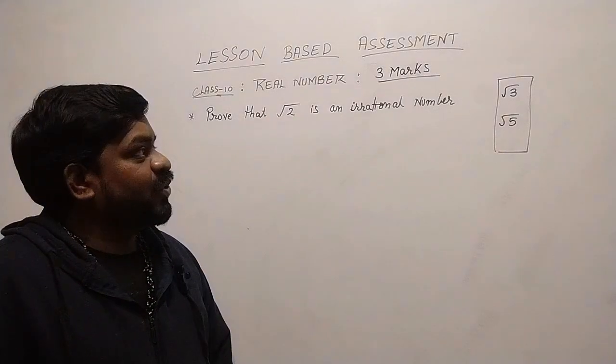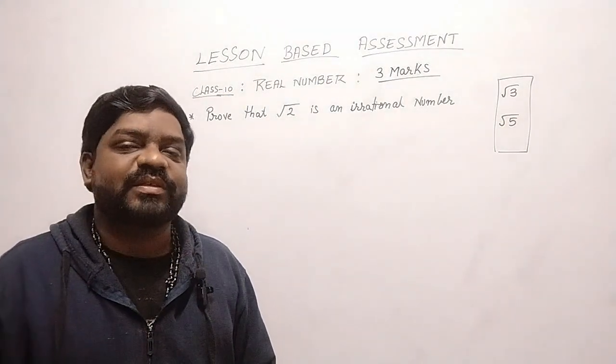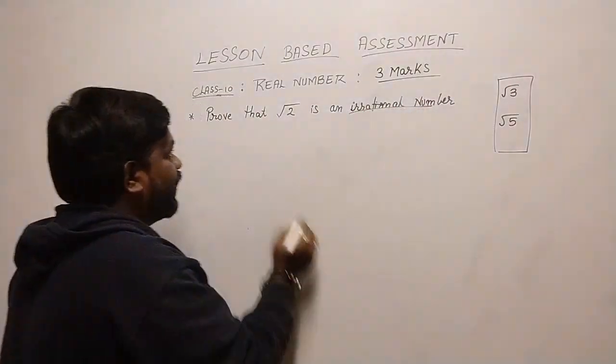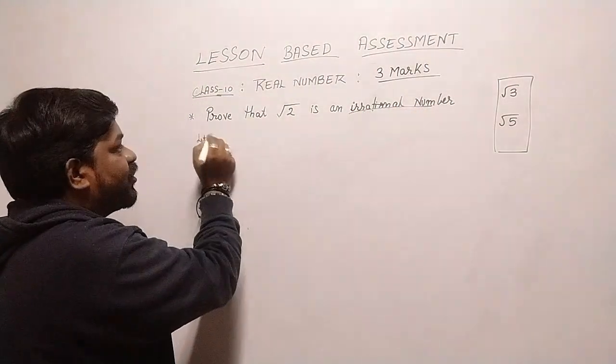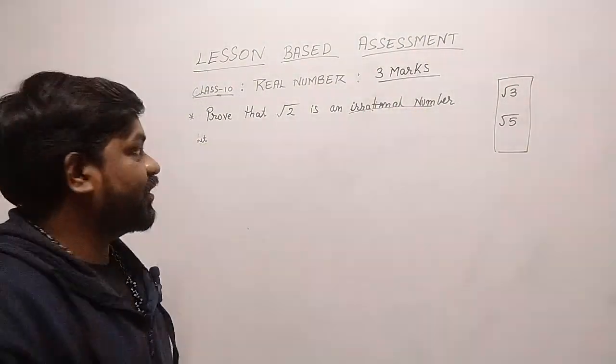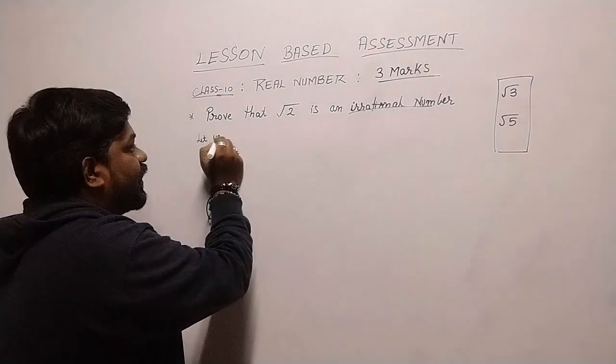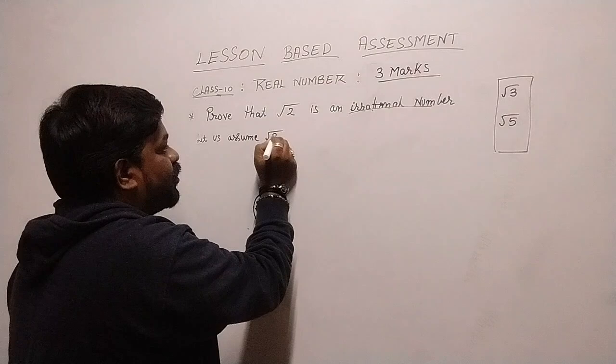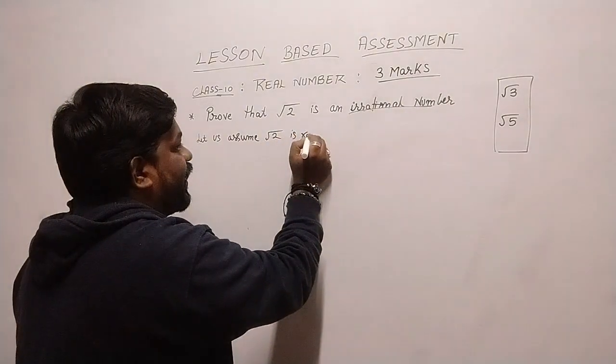First one is prove that root 2 is irrational. To prove it is irrational, first we need to assume it as rational. So let us assume root 2 is rational.